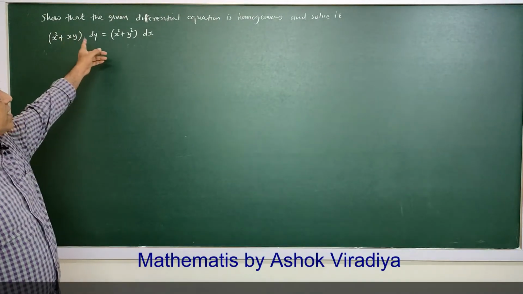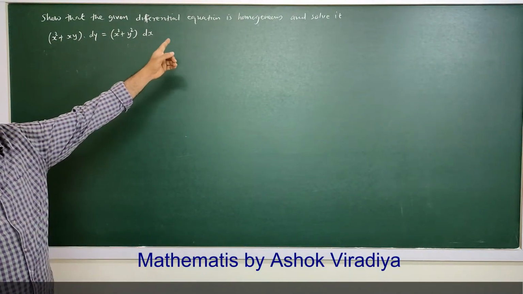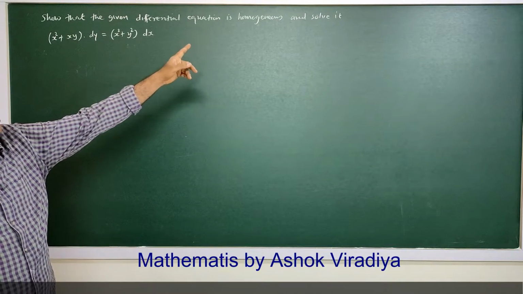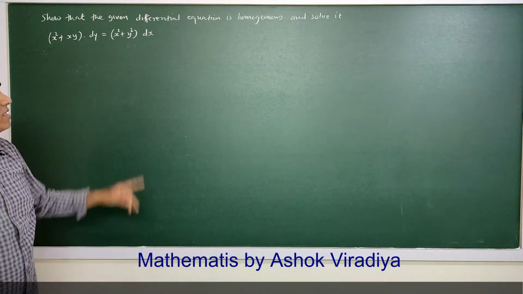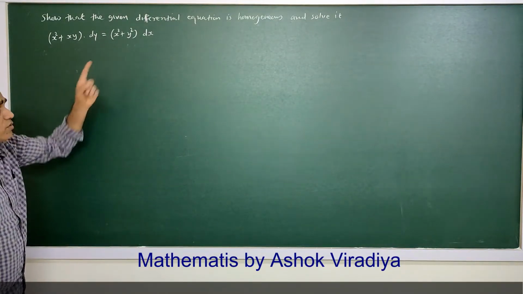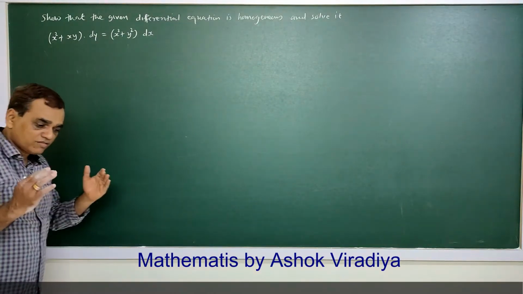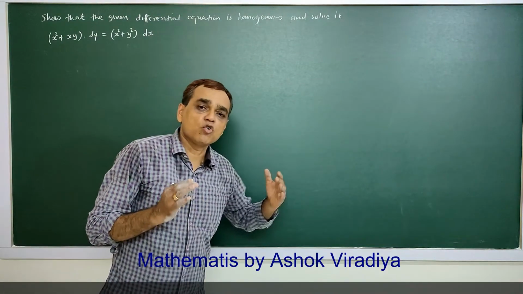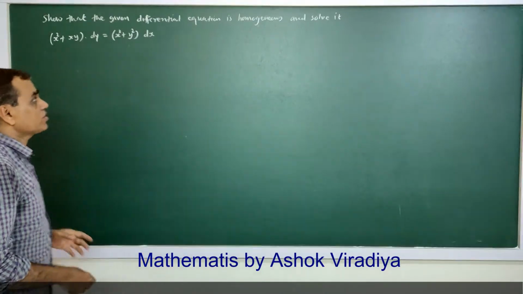Now show that the given differential equation is homogeneous and solve it. This is the given differential equation. First of all, we are showing that it is a homogeneous differential equation.